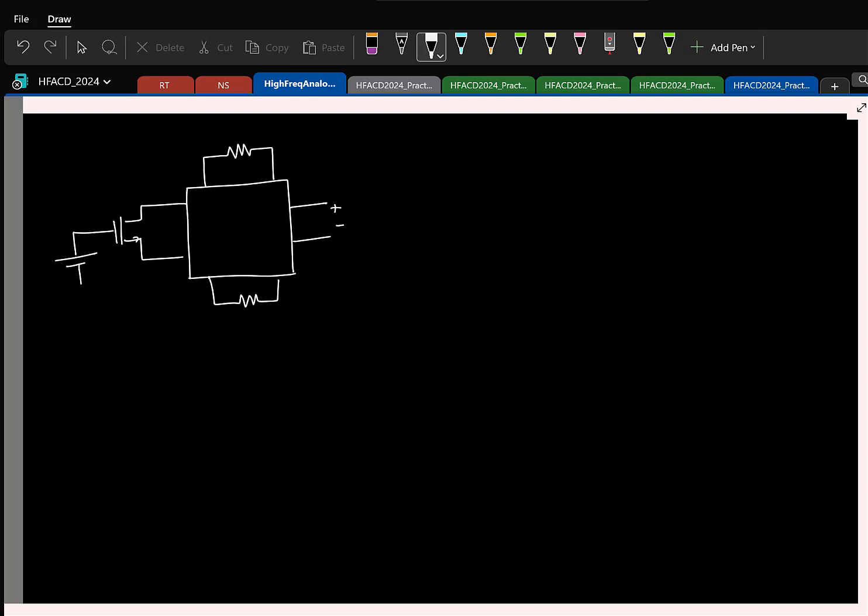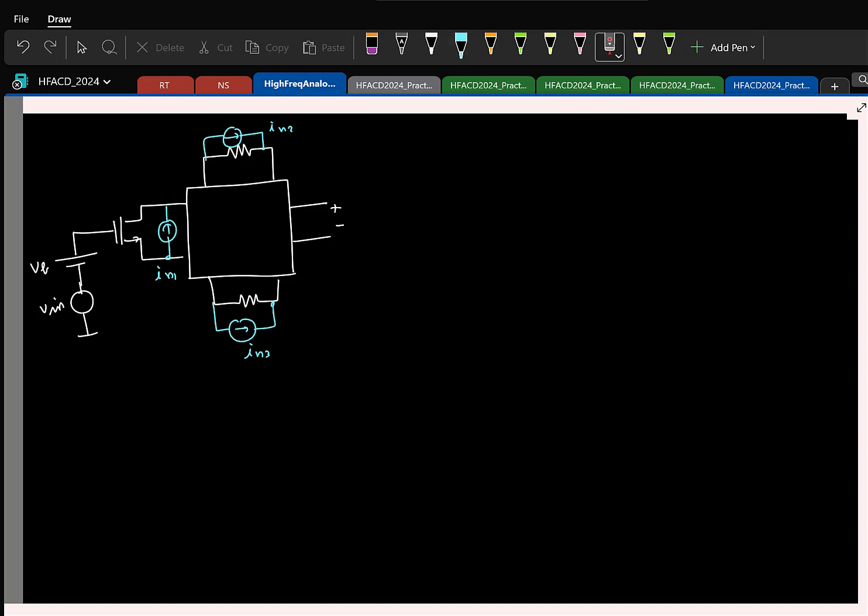I bias this transistor with some bias voltage and apply the small signal input here. As you know, all these devices will generate random thermal noise. To model this noise, we can model them like this. Let us say this is In2. Once again the polarity doesn't matter, you can choose anything.